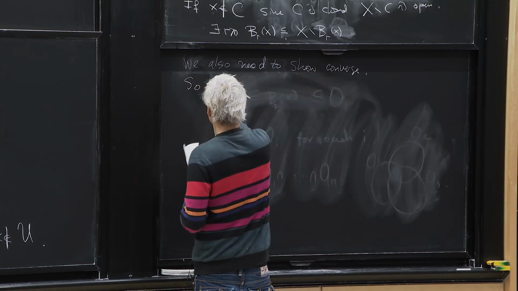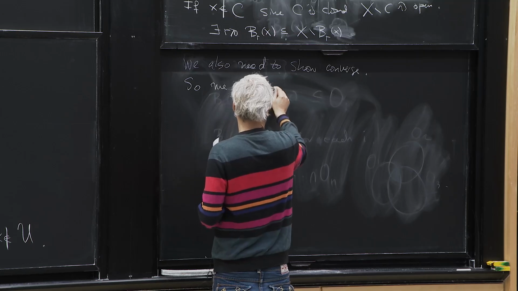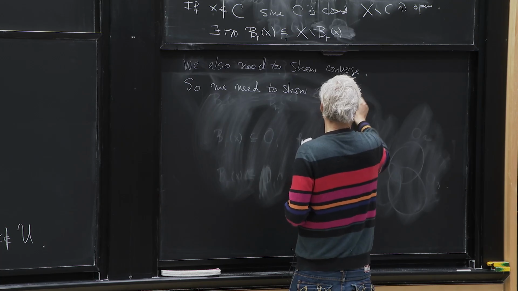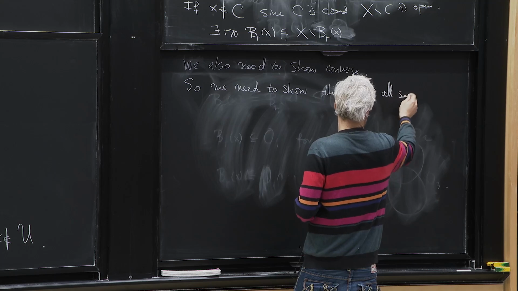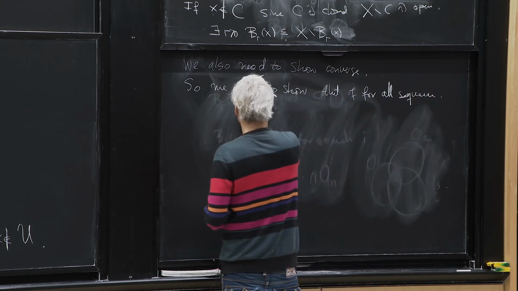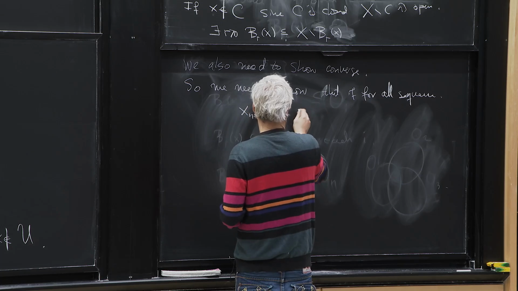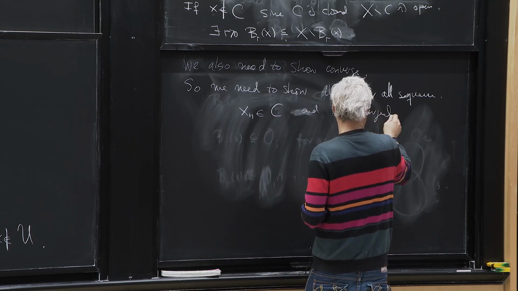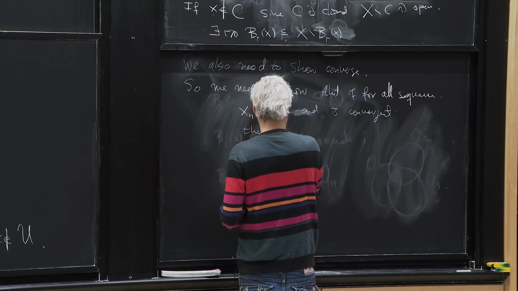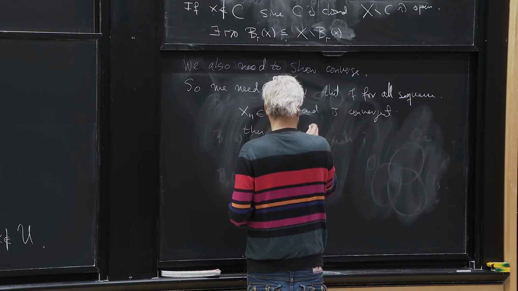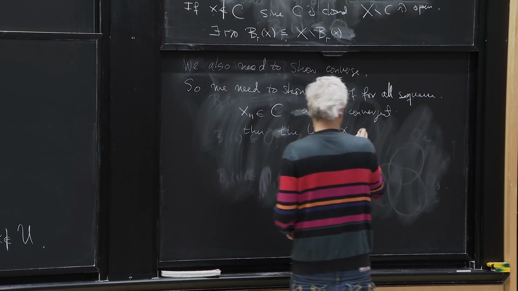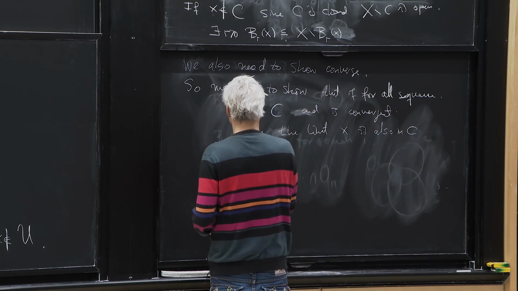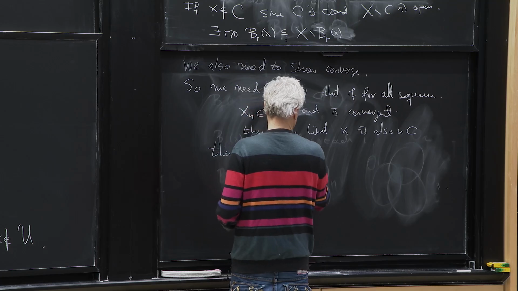We need to show that if for all sequences x_n which lie in C and are convergent, the limit x is also in C, then C is in fact closed.